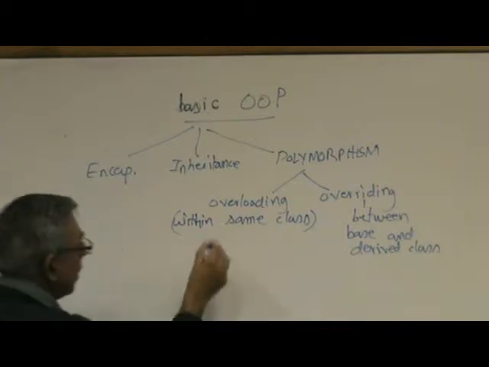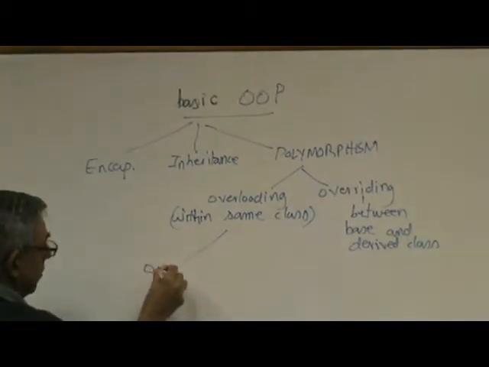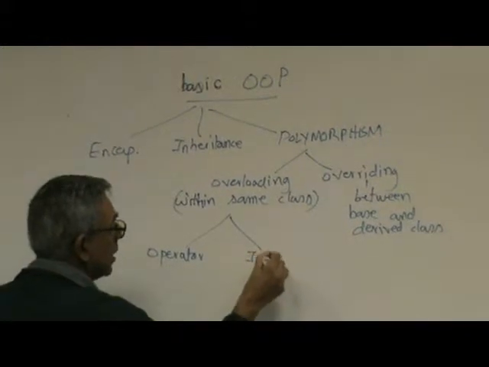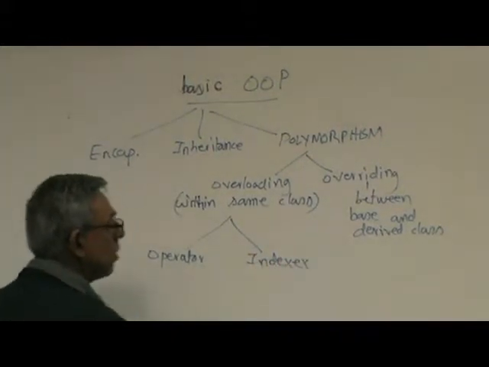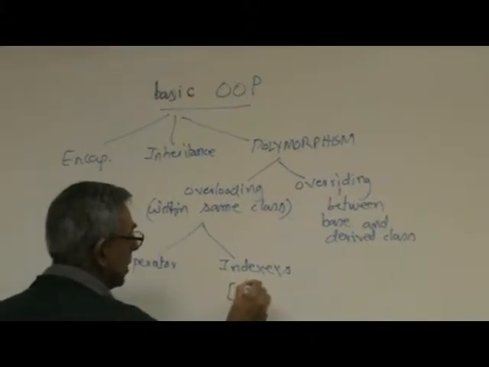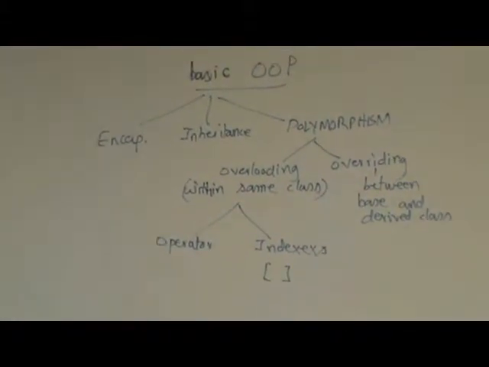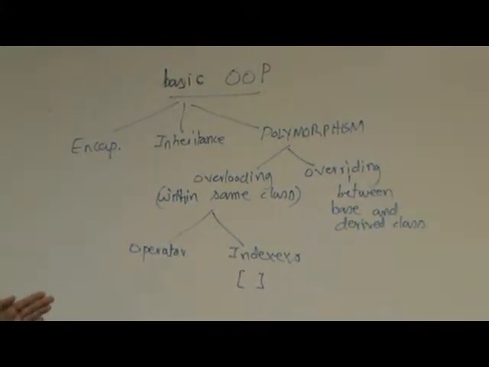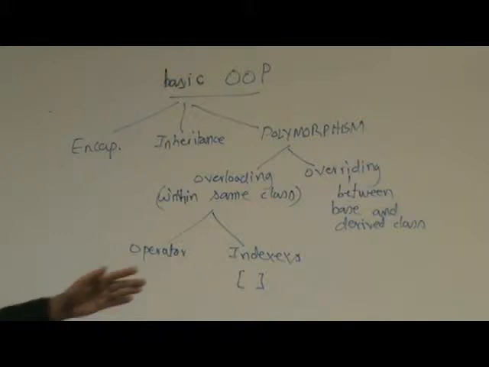Okay, so then overloading further went into a subcategory, operator overloading, and once arrays or collections are involved, then we had the indexers, right? Okay. So anyway, after learning indexers, the whole idea of the indexers was to make the search process on behalf of the client as easy as possible.